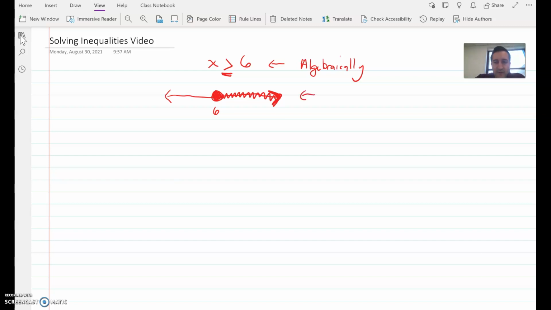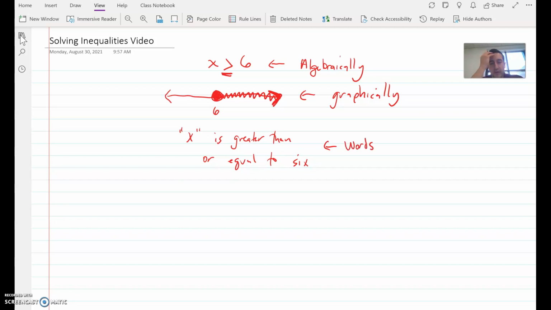That's how we show it graphically. We could also just say this: x is greater than or equal to 6. Right? That would be using words.